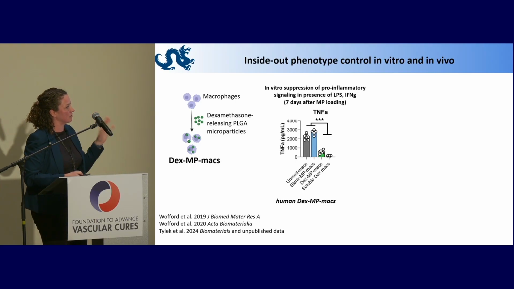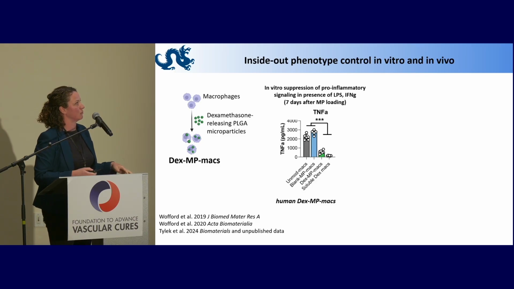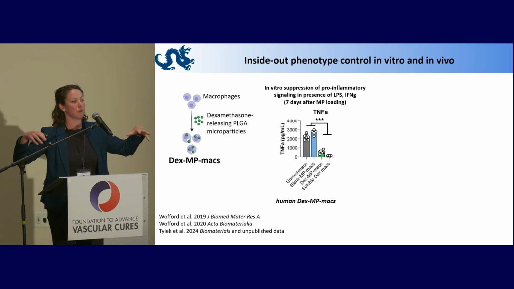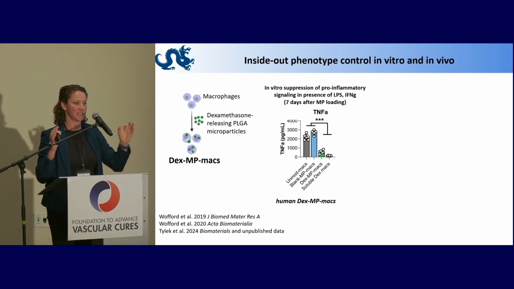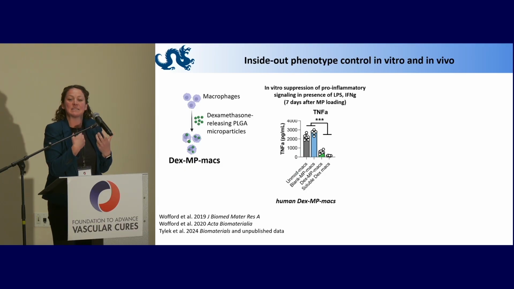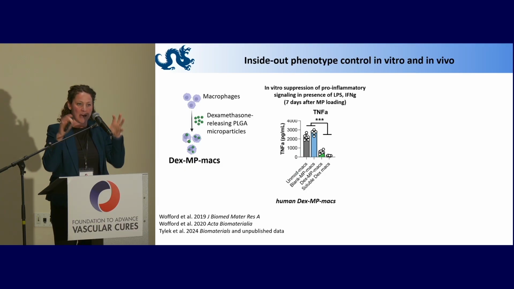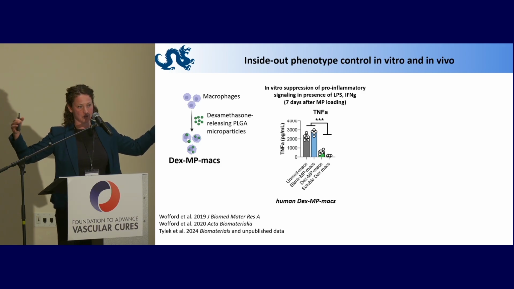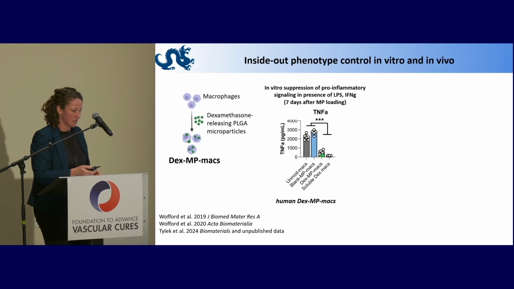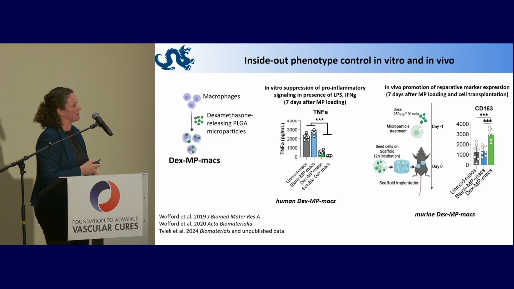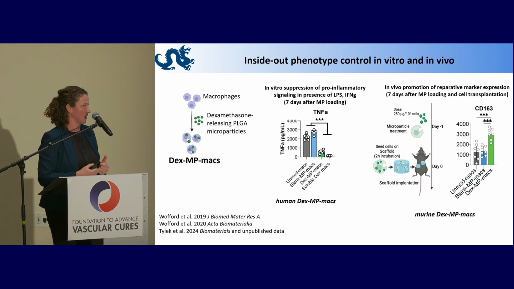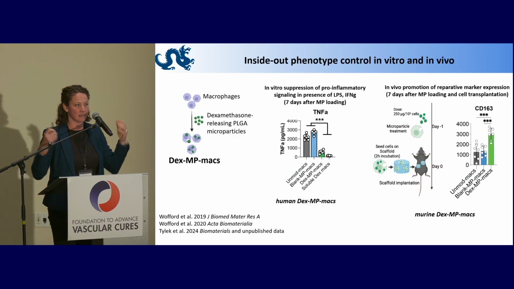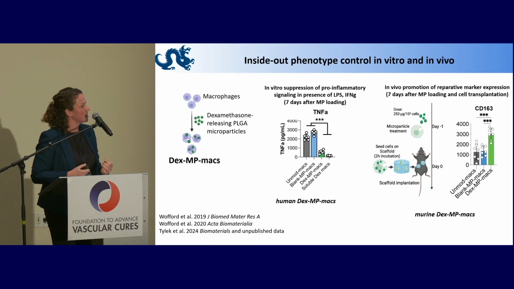In a couple of published papers, we've shown that even if you put a lot of pro-inflammatory signals on the macrophages, if they contain these microparticles inside them, it dramatically suppresses pro-inflammatory signaling. So it does override the extracellular pro-inflammatory cues. And then as a proof of concept that this would also work in vivo, we implanted them in mice in a subcutaneous implantation.